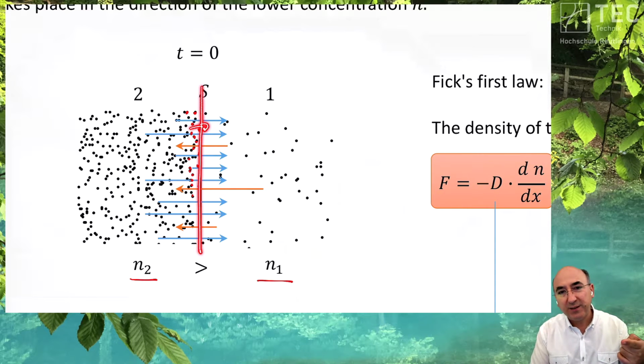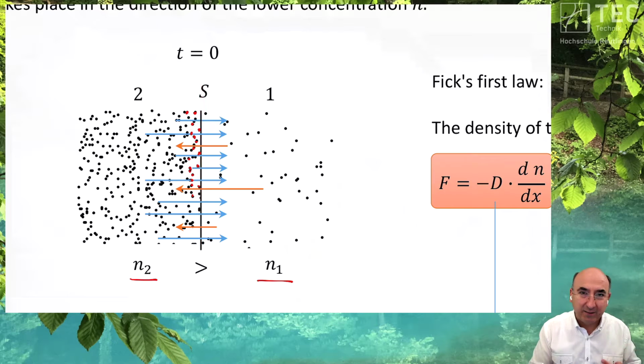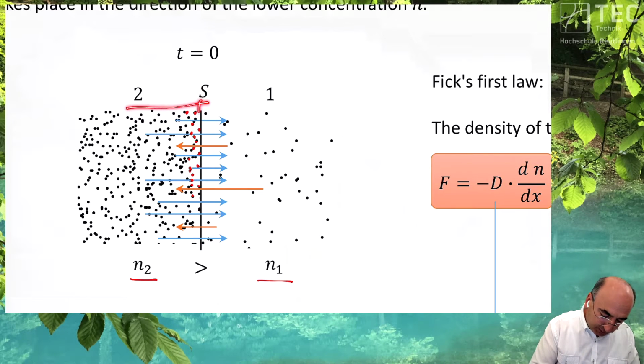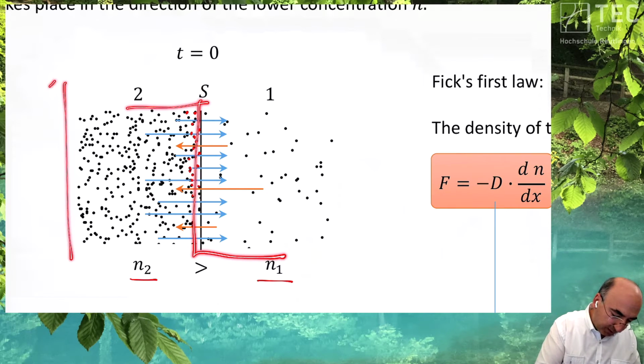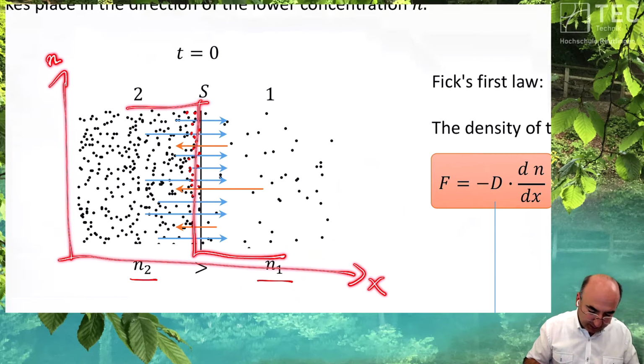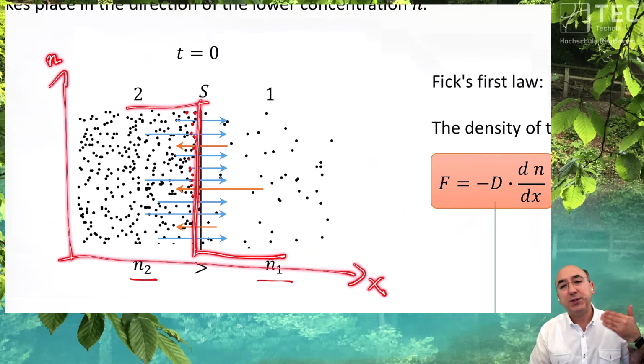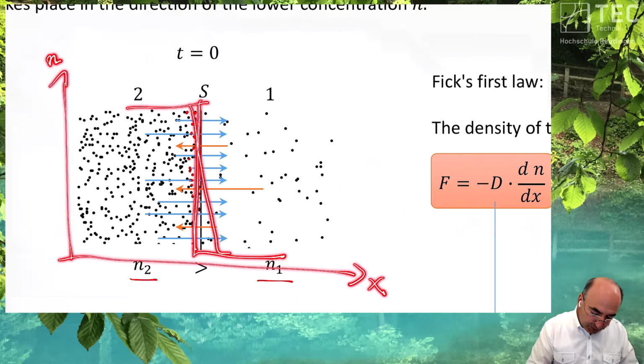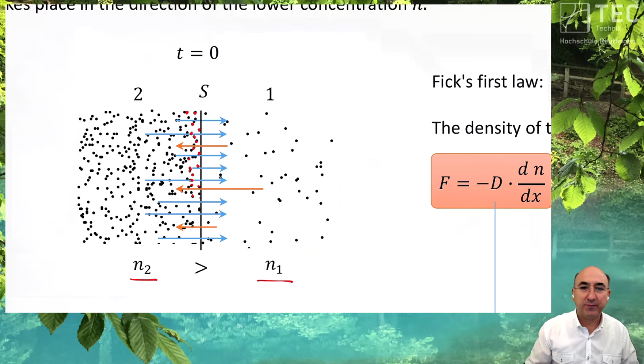This in turn means you can't have an abrupt change in concentration along the x-axis, because an infinite flow rate would result, and it is blurred out in a very short time.